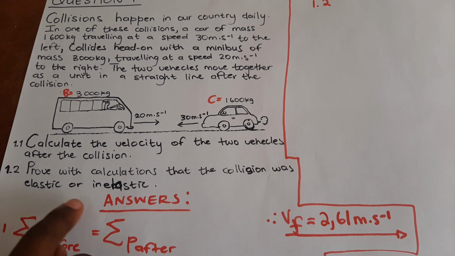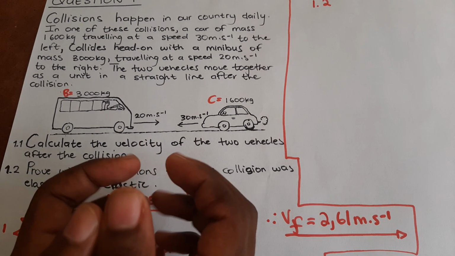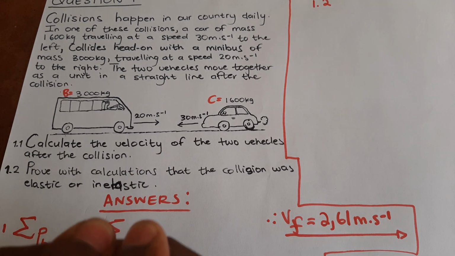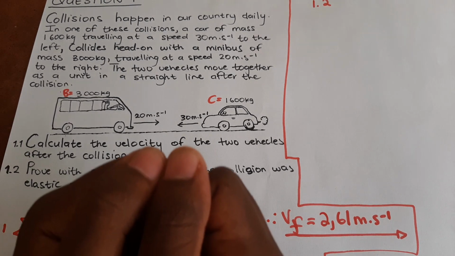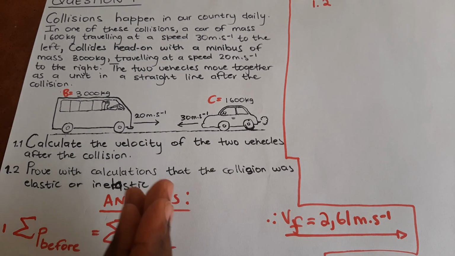Let's start with elastic. When the collision is elastic, this basically means that the kinetic energy is conserved, meaning the sum of kinetic energy before the collision is equal to the sum of kinetic energy after the collision.